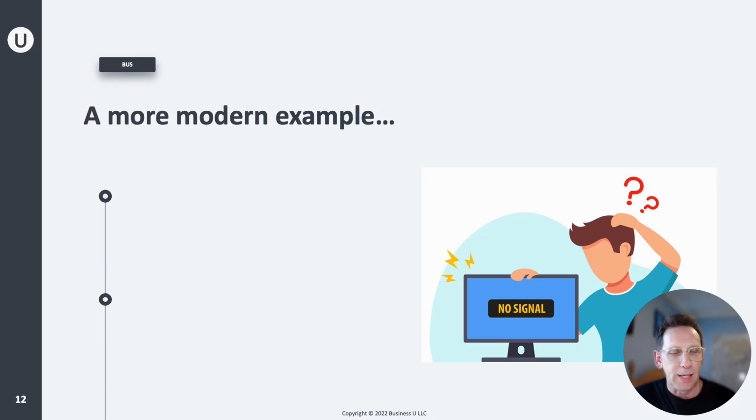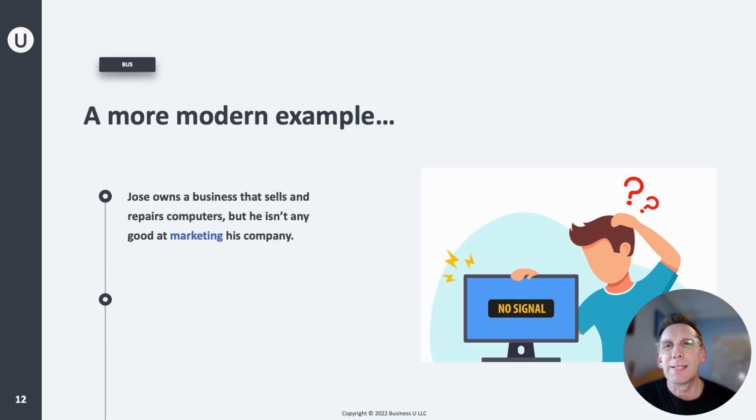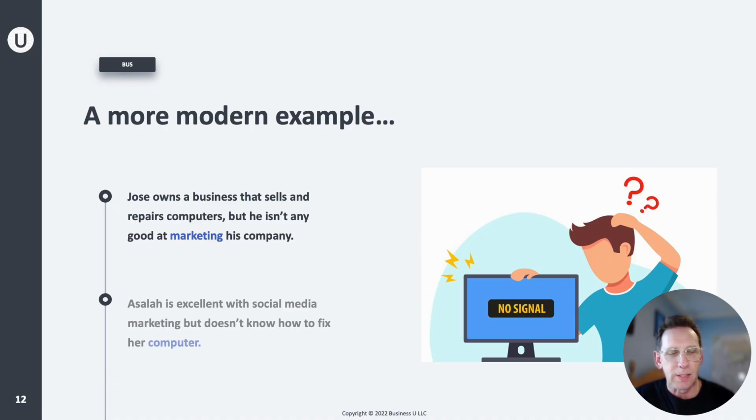Here's a more modern example. Okay, Jose owns a business that sells and repairs computers, but he isn't any good at marketing his company. Okay, he doesn't know how to promote his business. On the other hand, Asala is excellent with social media marketing, but doesn't know how to fix her computer.